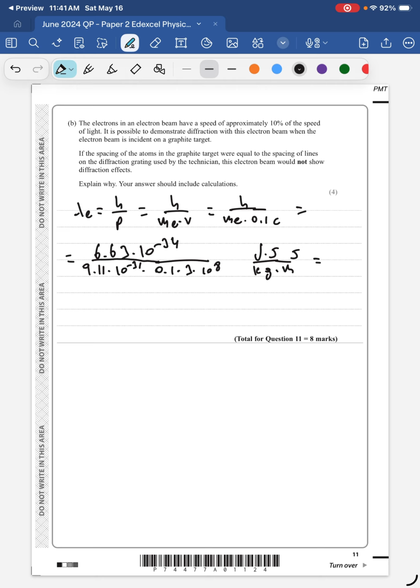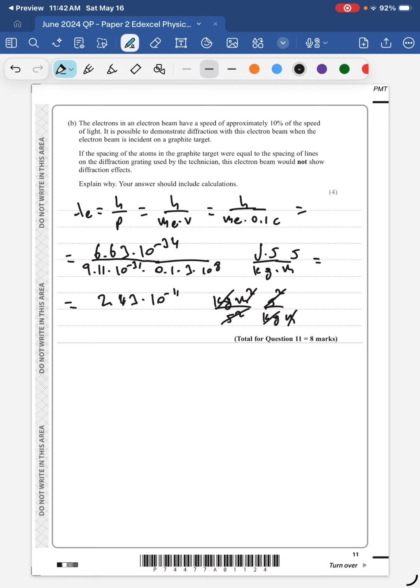So this ends up being 2.43 times 10 to the negative 11. One joule is 1 kilogram times meter squared over second squared, and then we have second squared, kilograms, meters, so kilograms cancel. So everything cancels except meters.